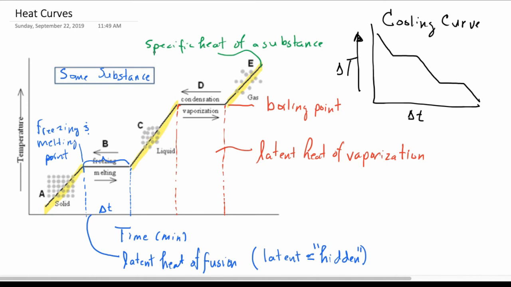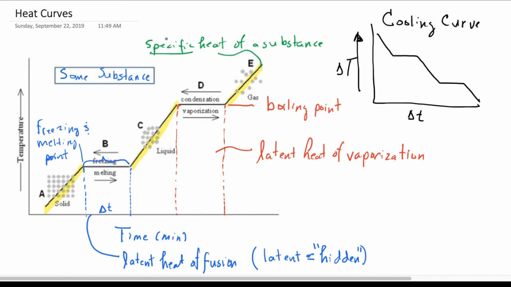You can specifically measure, using the scale of your thermometer or your temperature probe, a change in temperature as the particle is absorbing the heat that's around it, whether that's the heat from the air, or a stove or a hot plate, a burner of some type. You can specifically measure that change in temperature.